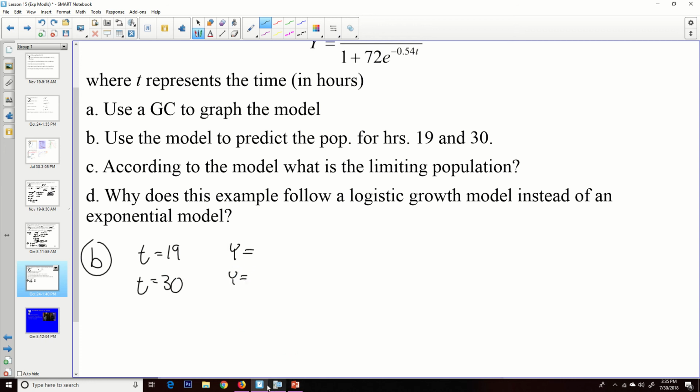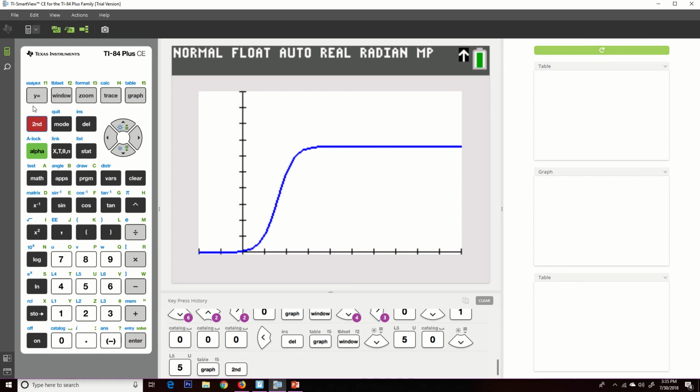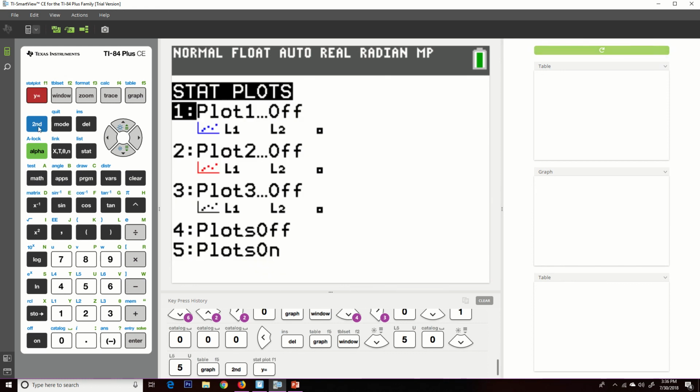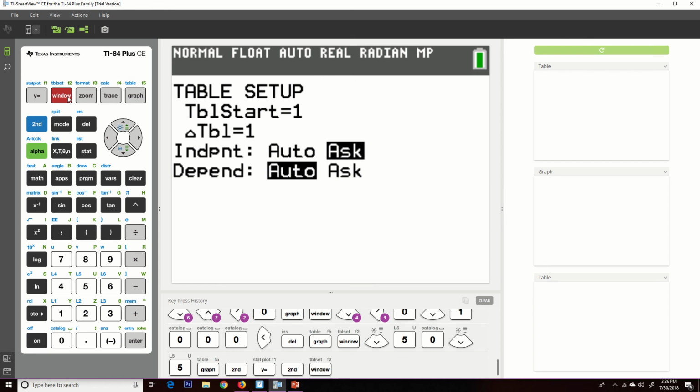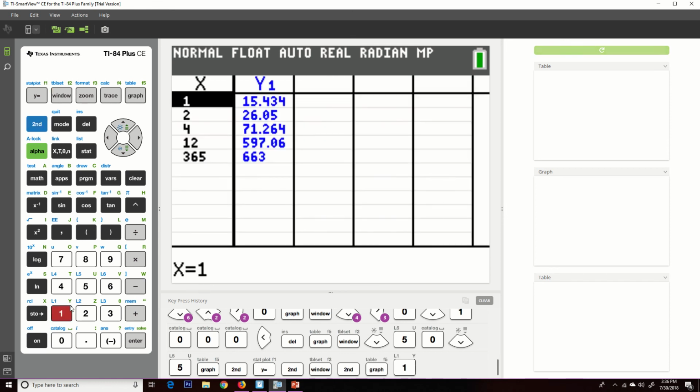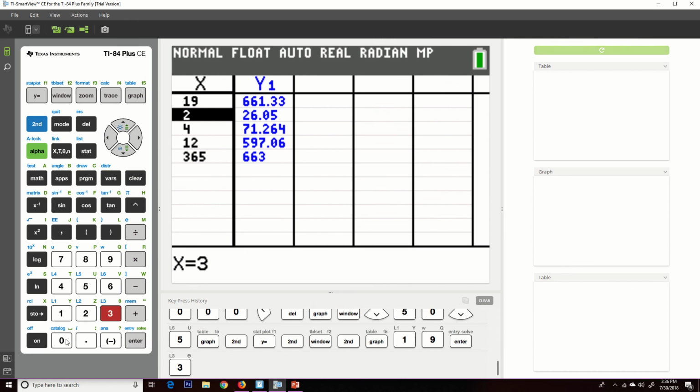Okay, so let's go to our graphing calculator. Let's go second, and then table setup. We'll leave it on ask since we're typing in our numbers. And let's go 19, and then let's go 30. And so I've got 661 and then 663.